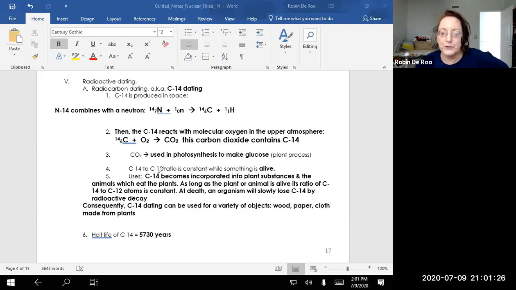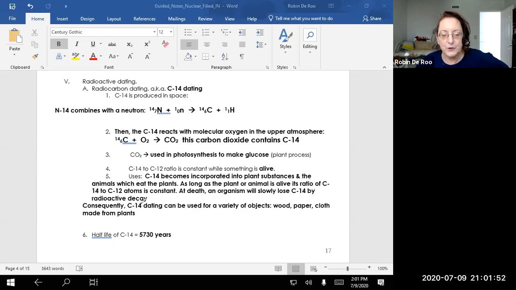So carbon 14 becomes incorporated into plant substances and the animals which eat the plants. As long as the plant or animal is alive, its ratio of carbon 14 to carbon 12 atoms is constant. At death, an organism will slowly lose carbon 14 by radioactive decay.